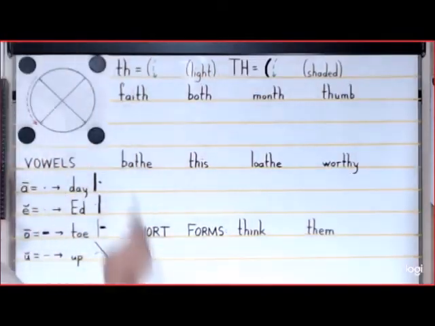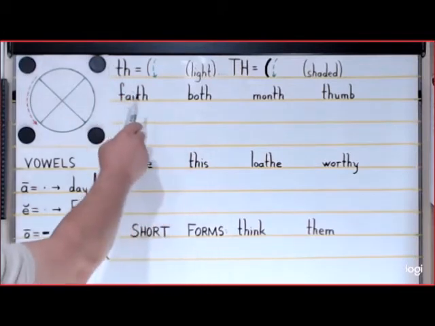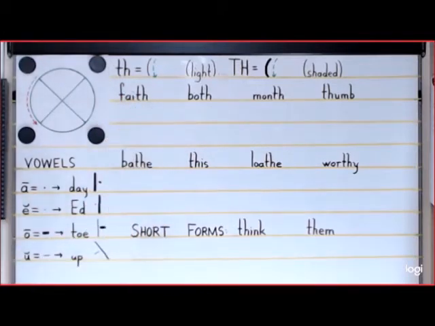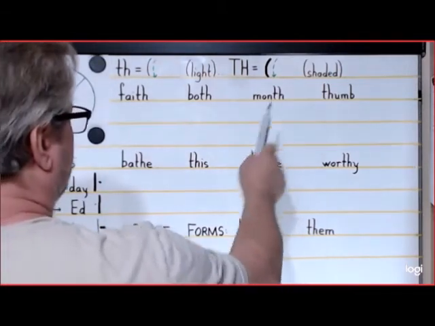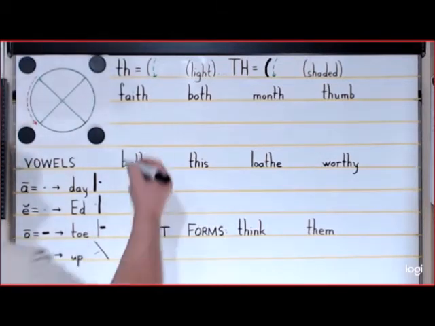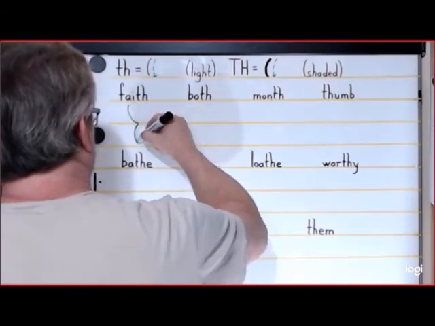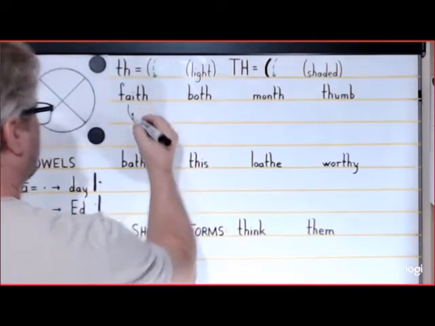Both sounds of TH are represented by the curve that is on the left side of the circle. The light stroke being the breathed version, and the shaded stroke used for the voiced versions. So for faith, it will be F, TH, and then a heavy dot.